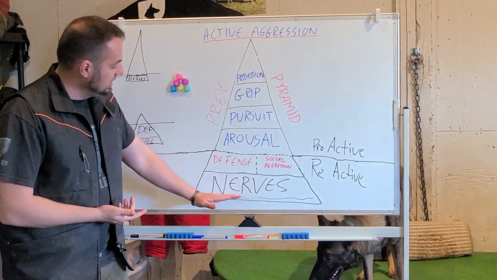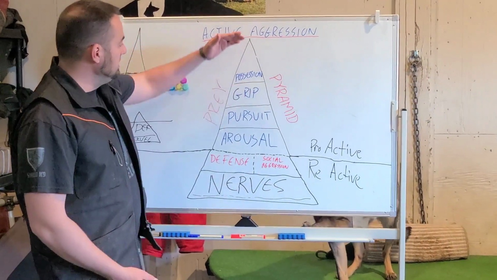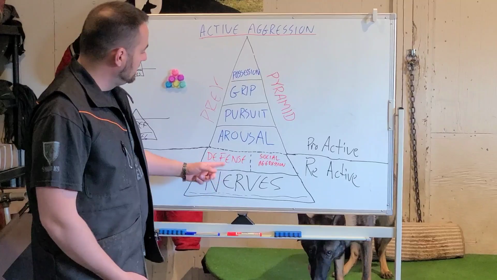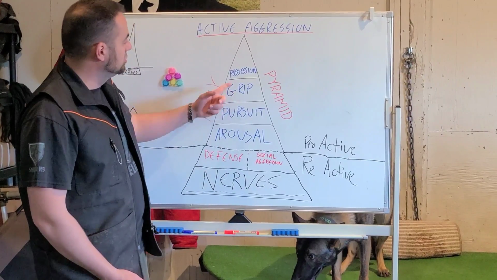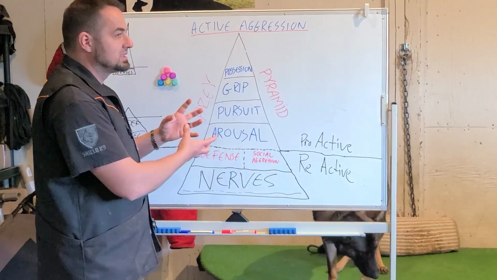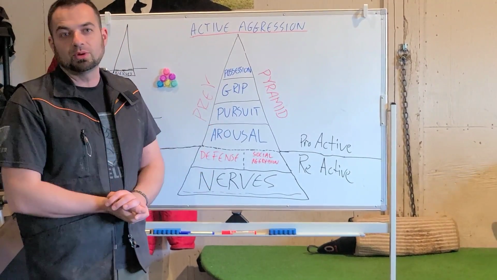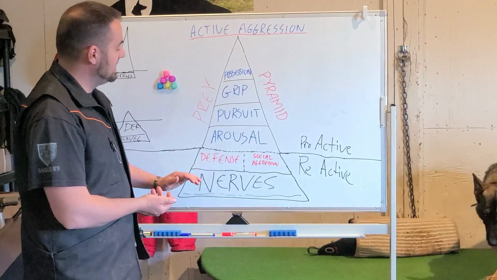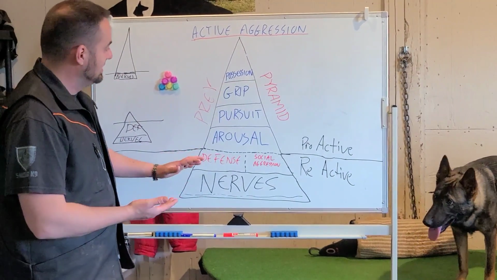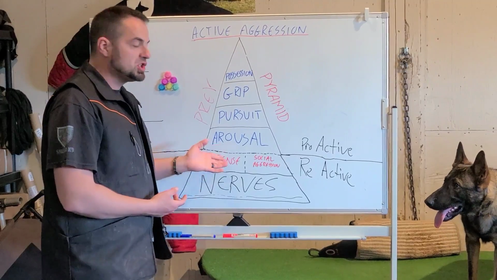Now, underneath the pyramid here is nerves, okay? Obviously, nerves, all these things, whether it's nerves, defense, social aggression, arousal, pursuit, grip, possession, these are all genetic traits, but you can enhance them and you can also detract from them with good and bad training. All right, so it's important to understand that. And dogs are blessed with different levels of proficiency in these traits.